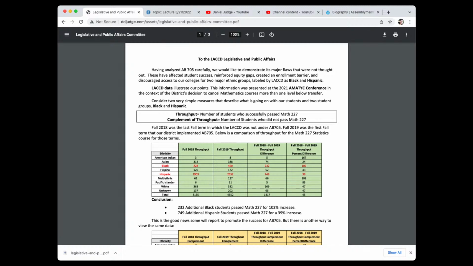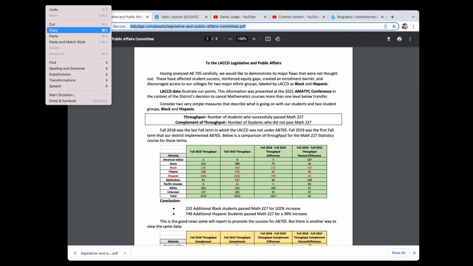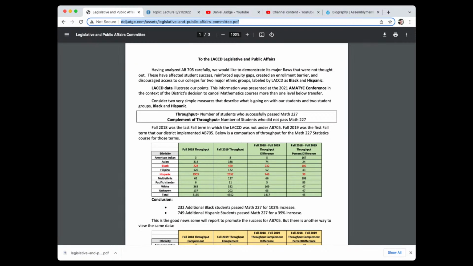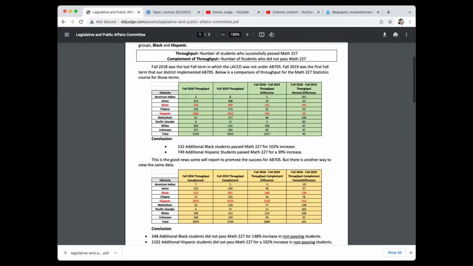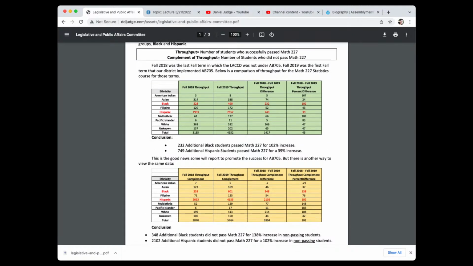So I'm going to put this in the chat there. And I'll probably put some more things up. Sorry about that. There's that portion. We're going to be looking at this table today and talking about this information.